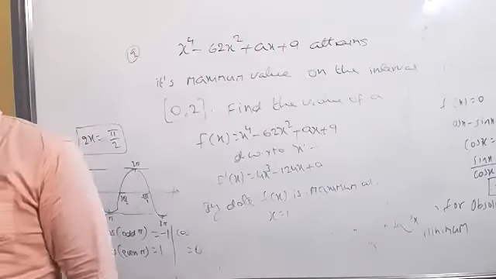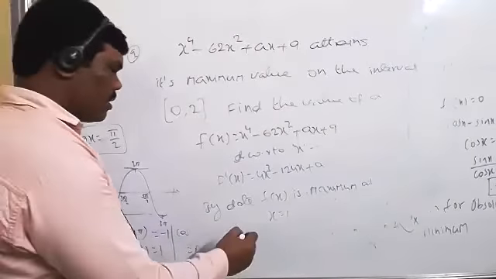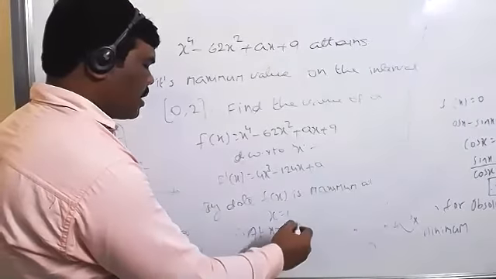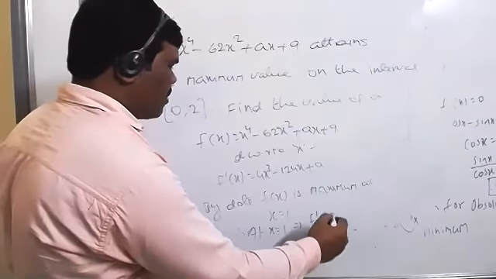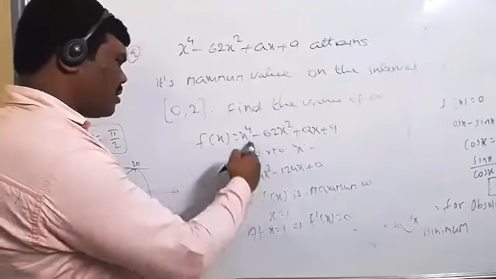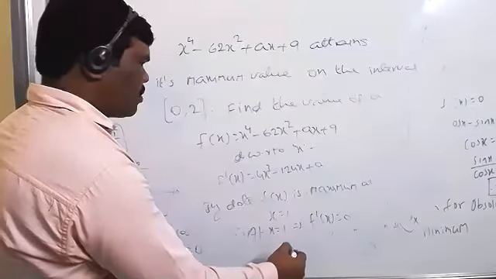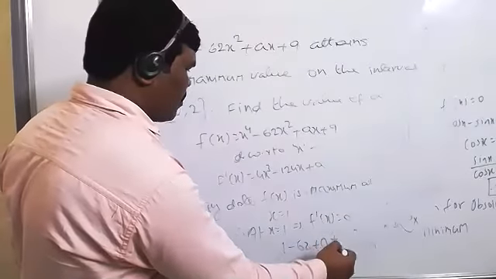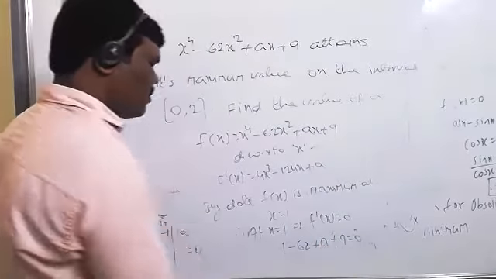Therefore at x equal to 1, f dash of x equals 0. Substituting x equal to 1, we get 1 minus 62 plus a plus 9 equal to 0.